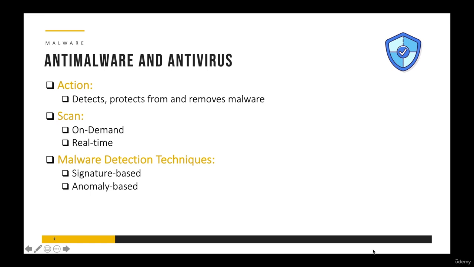Once it has that baseline, it then detects any behavior which deviates significantly from this normal baseline. For example, if it observes software which is opening unnecessary ports, or modifying parts of the operating system which have nothing to do with its functioning, then this can be considered an anomaly and may trigger an alert.